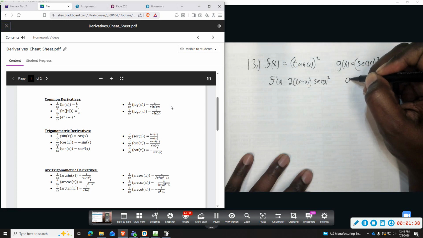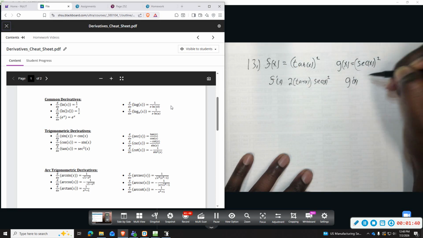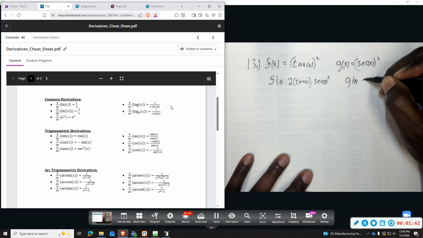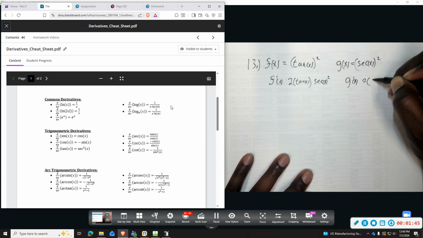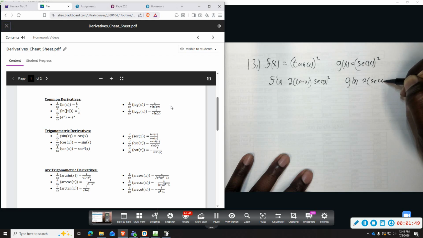When we do derivative of g, we're going to get 2 times secant x, and then derivative of secant x was tan x secant x.